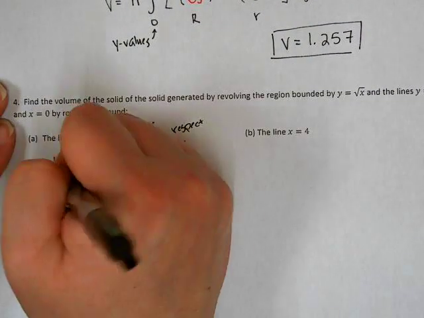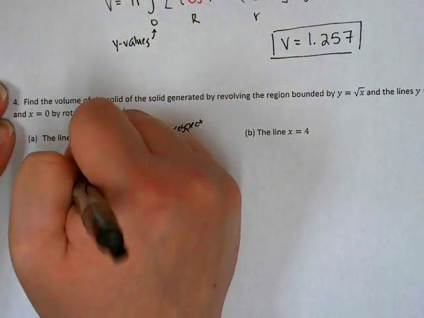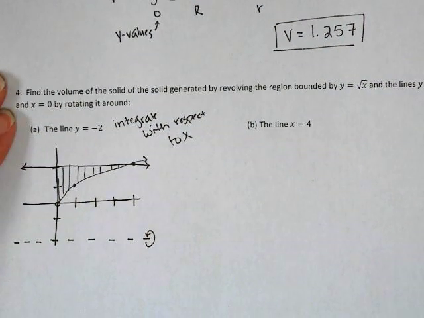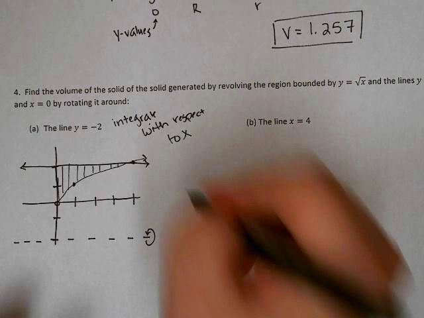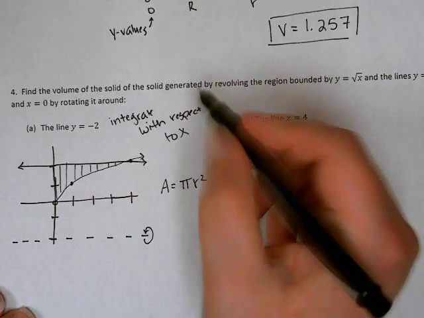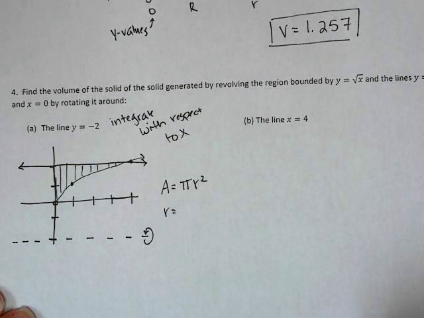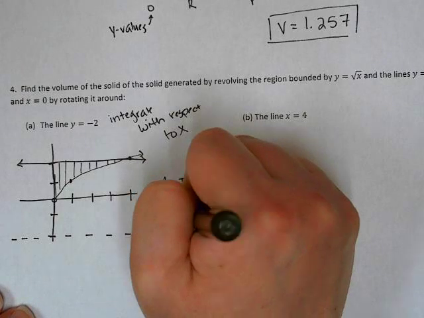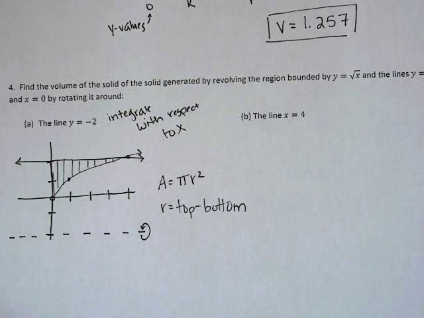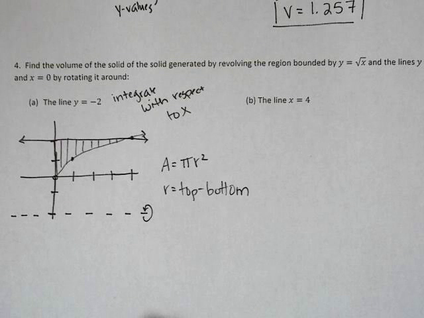Okay, so that means I'm going to draw my lines going this way. Okay, so now we need to find our big R and our little r. We know that the area is pi r squared. Since we're integrating with respect to x, we know the r is going to be top minus bottom. And now we just need to figure out what the big R and the little r actually are.